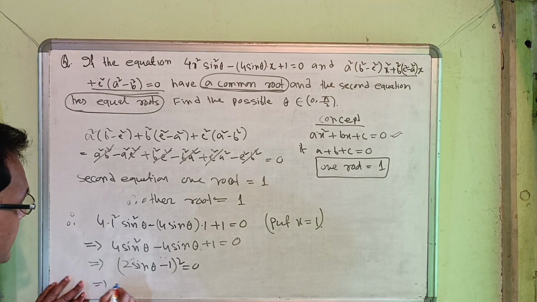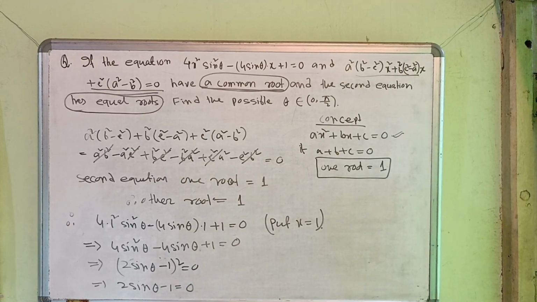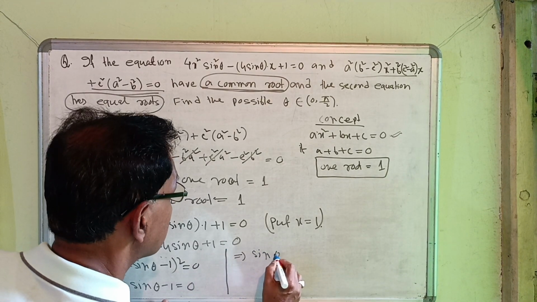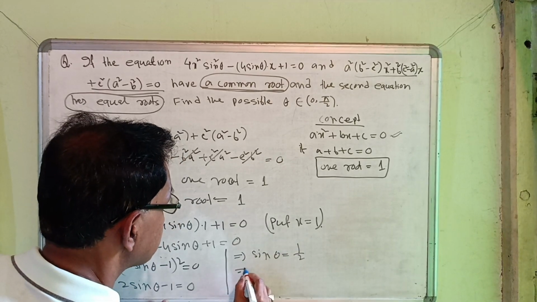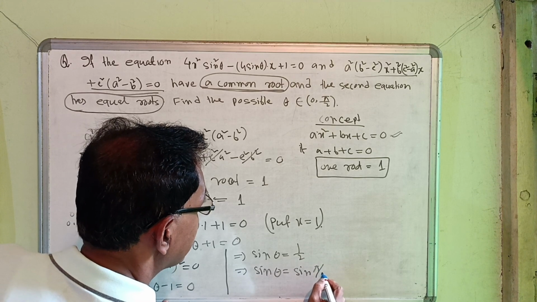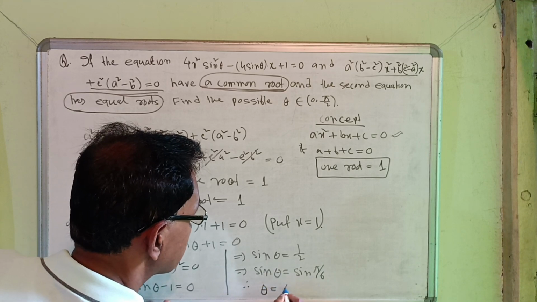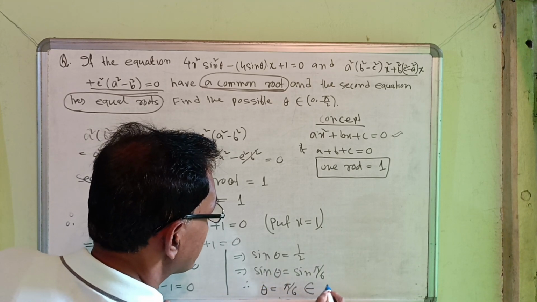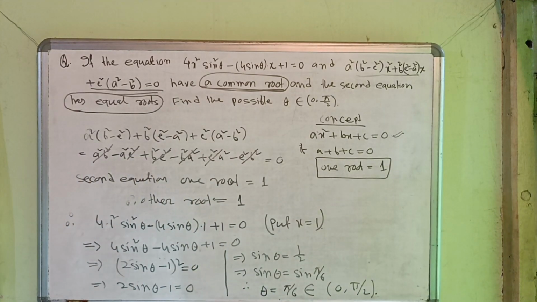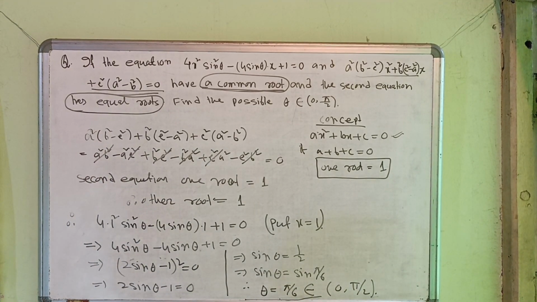This implies 2 sin theta minus 1 equal to 0, so sin theta equal to half. This implies sin theta equals sin 30, that is pi by 6. Therefore theta is equal to pi by 6, which belongs to 0 to pi by 2. That is the result. That is a very important question from the JEE point of view.